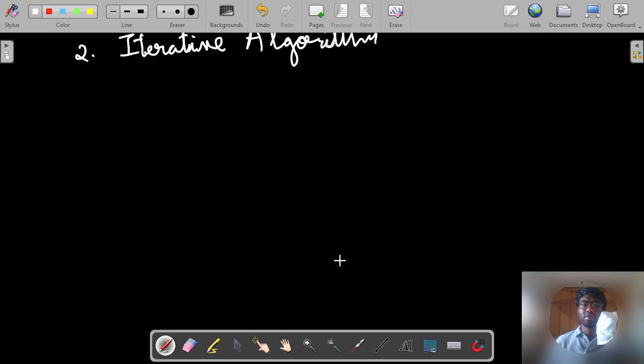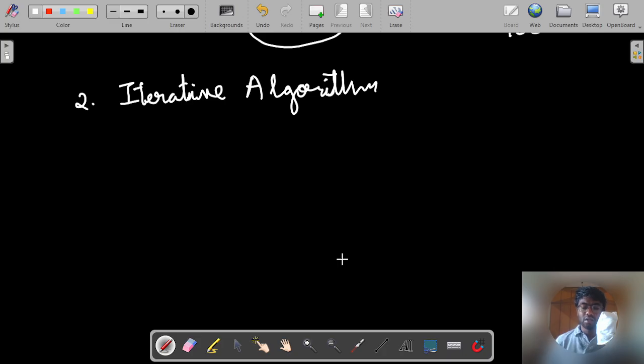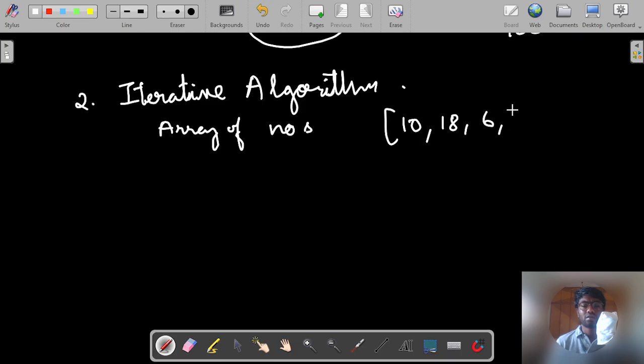In case of an iterative algorithm, let's say we are required to iterate through an array or sum an array of numbers. Let's say we are given 10, 18, 6, 3, 72 or something like this. So we are required to calculate the sum of the array of numbers.